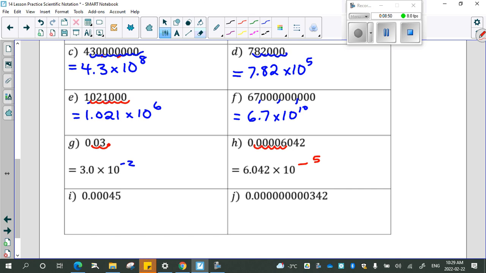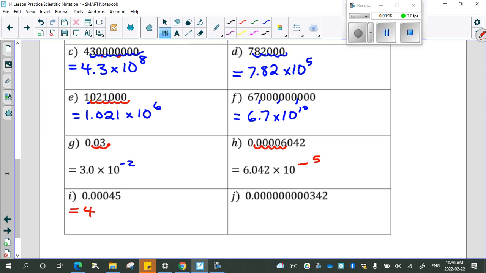All right, try the next 2 on your own. What would it be? 0.00045. What would it be in scientific notation? Is it 45.0 times 10 to the power 3?